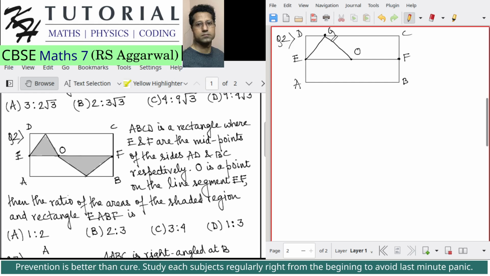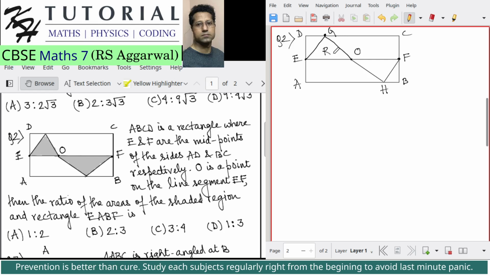So the shaded region is formed of the triangle EGO and let's say this is H. The shaded region is formed by the triangles GEO and OHF.